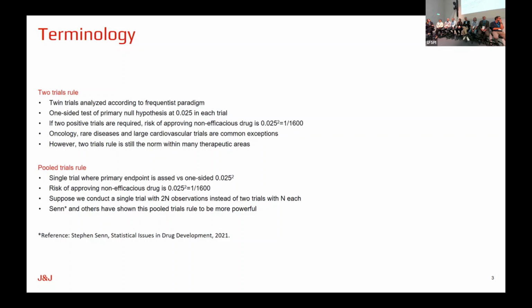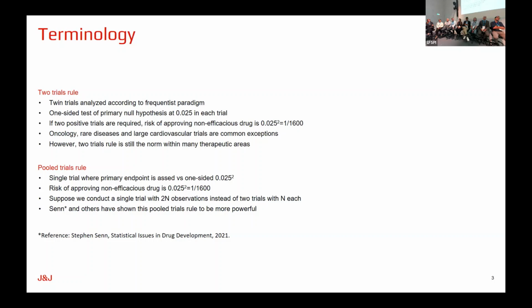But if I want to match the two trials rule and have the same risk of approving a non-efficacious drug under the null, you could argue for this level. And people have looked at this, Stephen Senn quite some years ago now, and others, and shown at least some power gains in this setting.